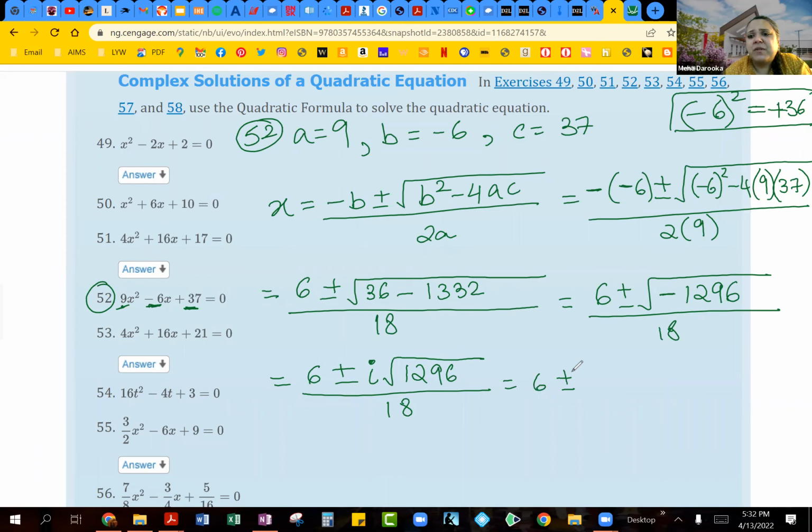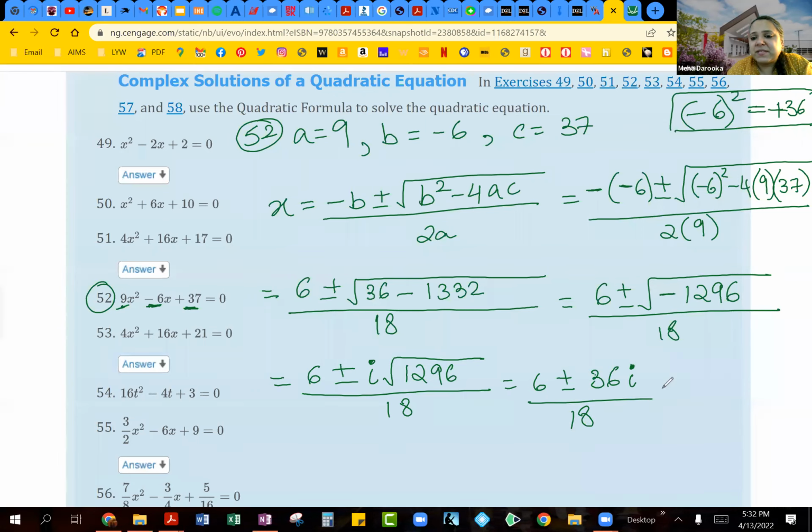What is the square root of 1296? Yeah, it is a perfect square. So when you take the square root of 1296, you will actually get 36. So this will become 36i over 18.